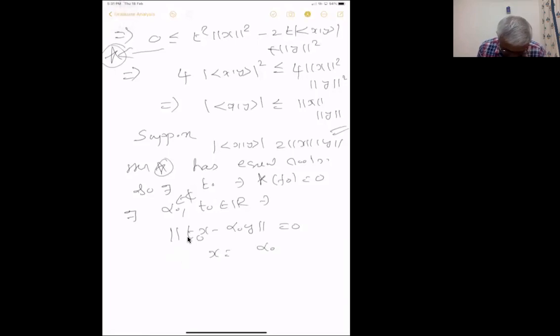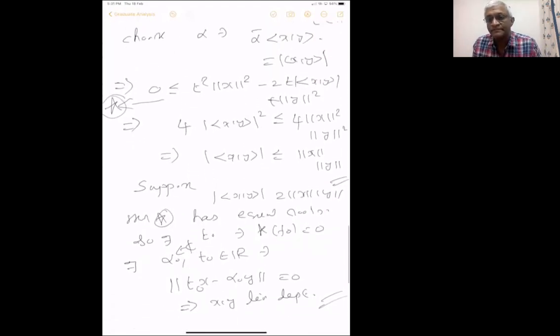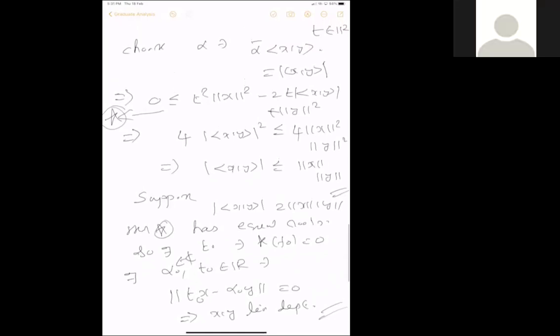That's enough. I don't want to consider cases whether it is 0 or not. This implies x and y are linearly dependent. Okay, it's clear. So we have proved the converse of Cauchy-Schwarz inequality. Okay, is this clear? Fine. Yes. Let me go to the next one.